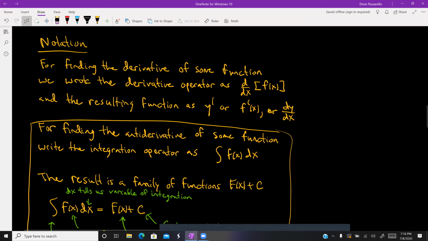Again, this is an operator. It's not necessarily a fraction in the sense of how we look at fractions. So the notation we used was d dx of f of x, and the result is f prime of x, or y prime, or sometimes dy dx.